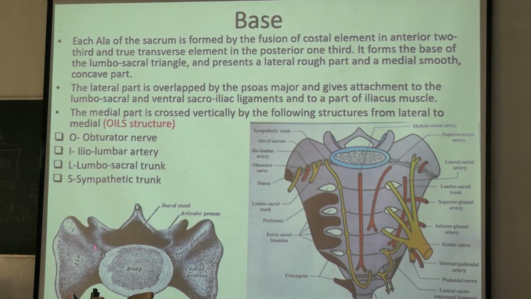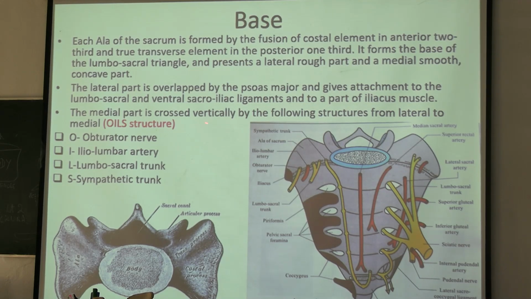The lateral part is overlapped by the psoas major muscle and gives attachment to the lumbosacral and ventral sacroiliac ligaments. The ventral sacroiliac ligament is the ligament of the sacroiliac joint lying anteriorly. There are three sacroiliac ligaments: ventral, dorsal, and interosseous, connecting the sacrum and ilium. It also gives attachment to a part of the iliacus muscle. Here the attachment of the iliacus muscle has been shown.